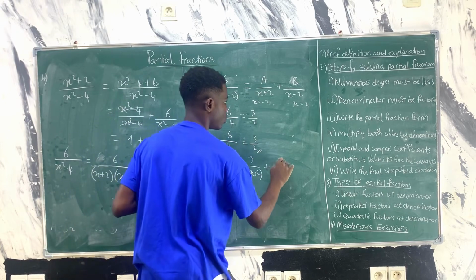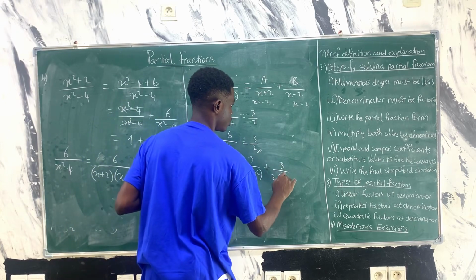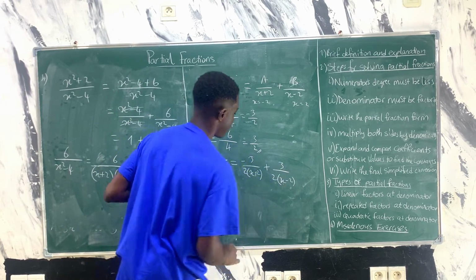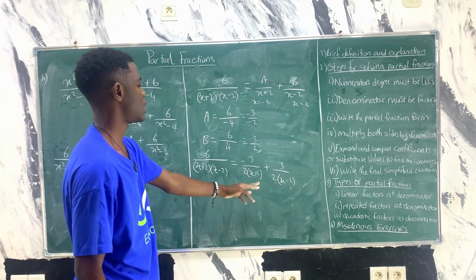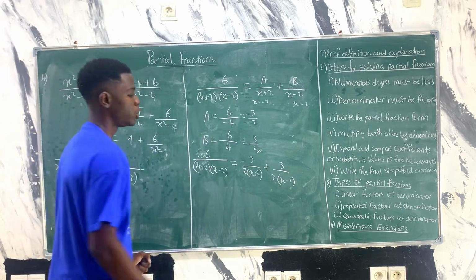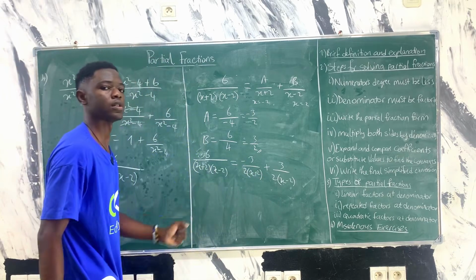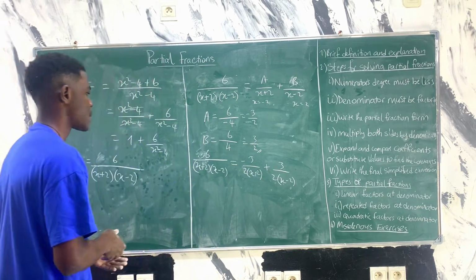Plus b is 3 on 2 into x minus 2. That's my a. That's my b. If you want, you put this one before, still a very correct answer.